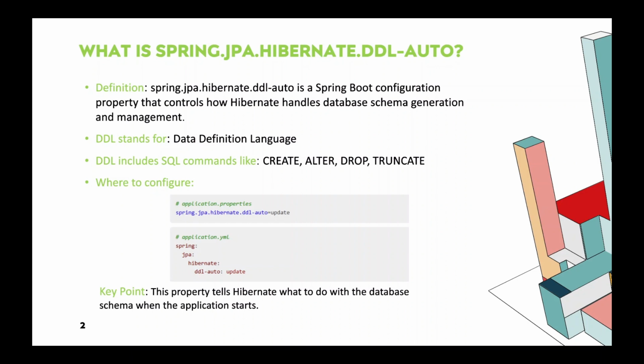If you go with application.properties, then say spring.jpa.hibernate.ddl-auto equal to one of the values, similar to YAML. Key point: this tells Hibernate what to do with the database schema when the application starts. Basically, whenever you start the application or reload the application dynamically, the changes are going to be imposed.